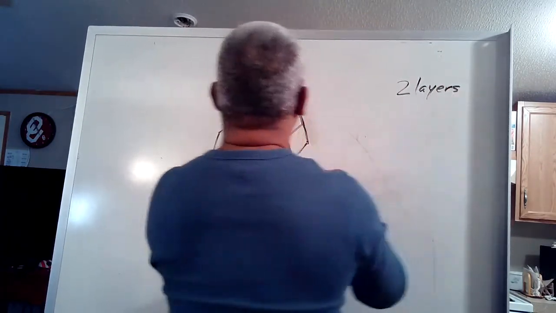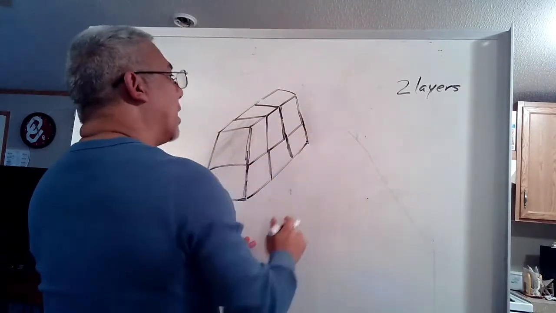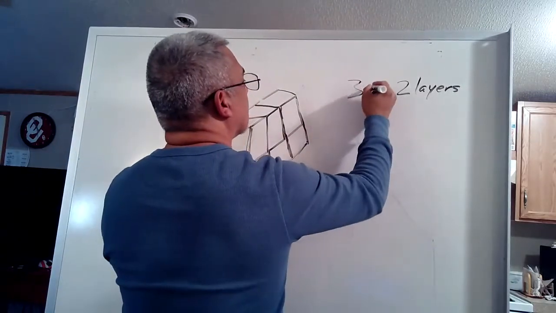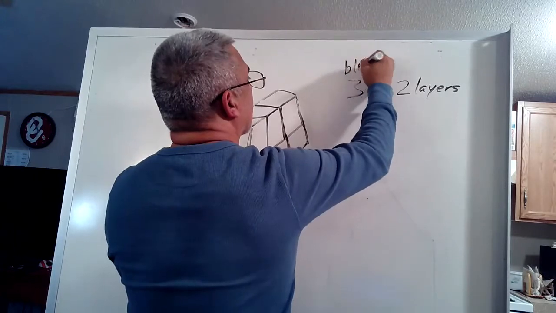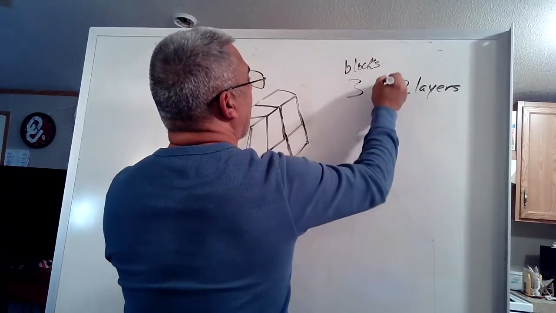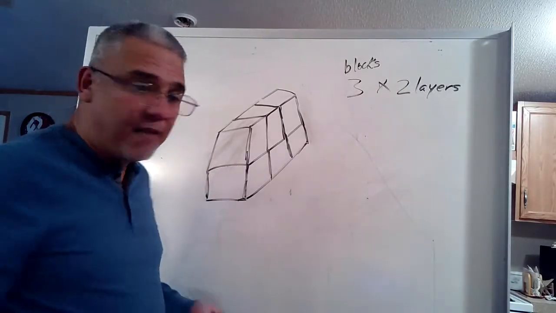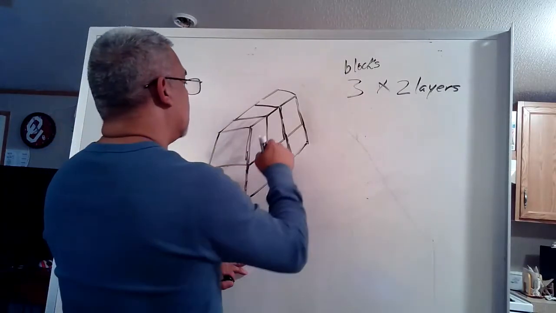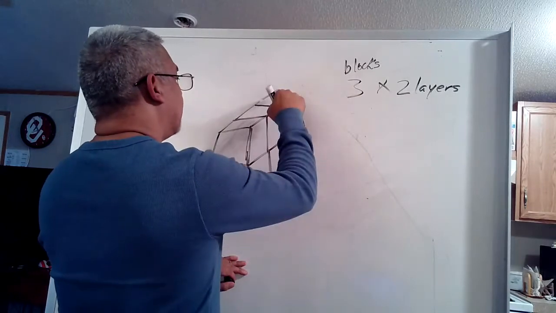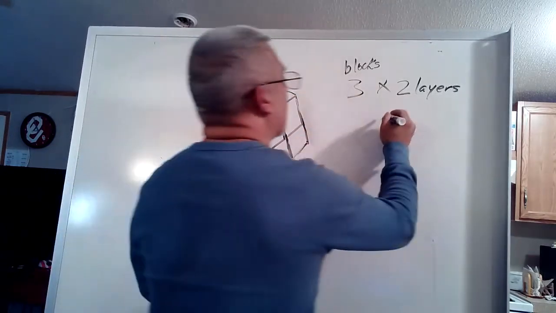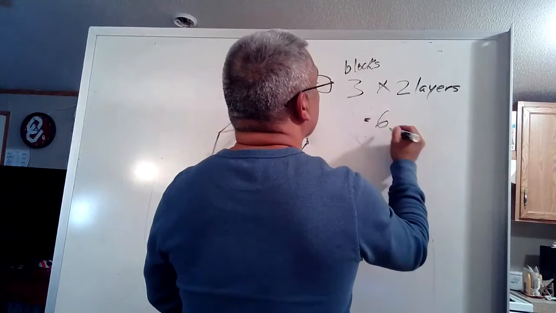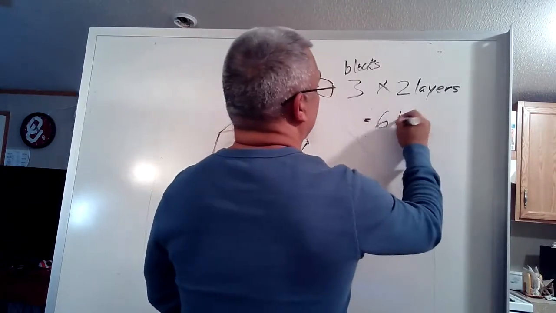And 3 blocks. So I have 3 blocks times 2 layers. How many blocks total should I have? 1, 2, 3, 4, 5, 6. So 3 times 2 is 6 blocks.